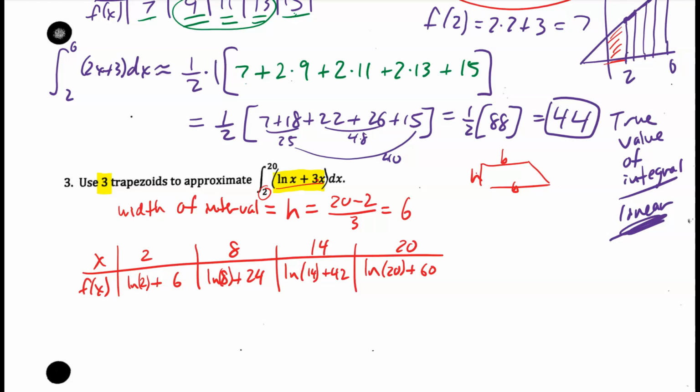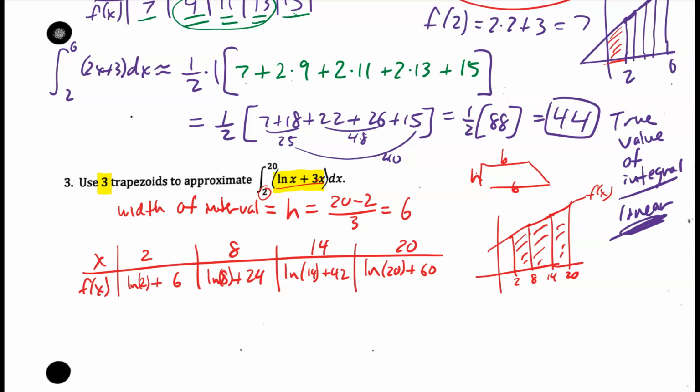All right, so we have all the y values, okay? And now just thinking of a picture, you're thinking something like this, and you're going to pick a couple of spots, and you're going to grab these, and you're going to grab those. So we need these areas, right? So think of it this way. You've got a 2, you got an 8, you got a 14, and a 20. And again, I don't even know that this is what f of x looks like.